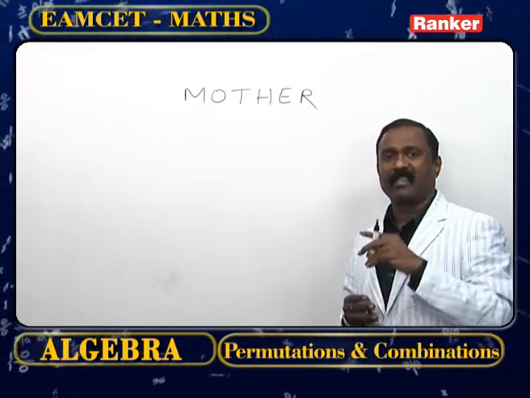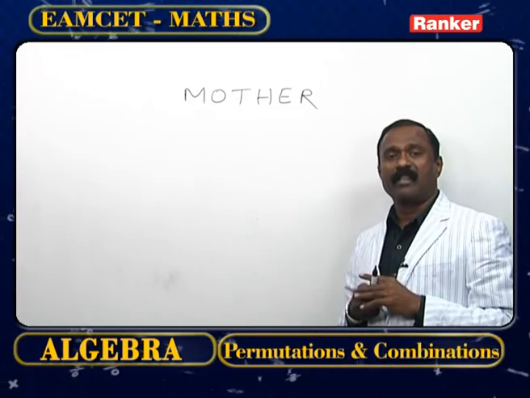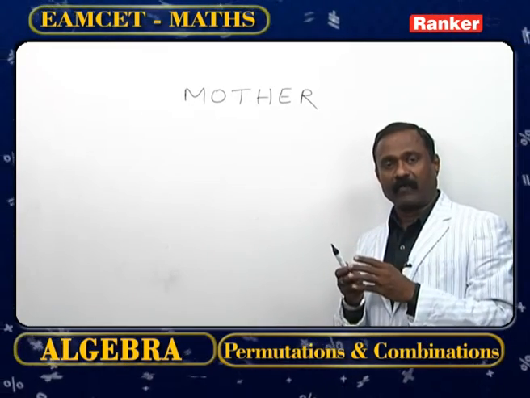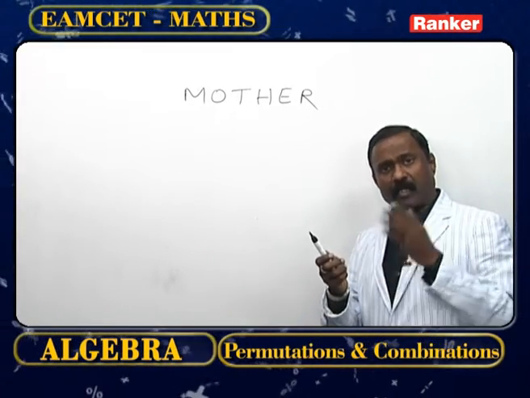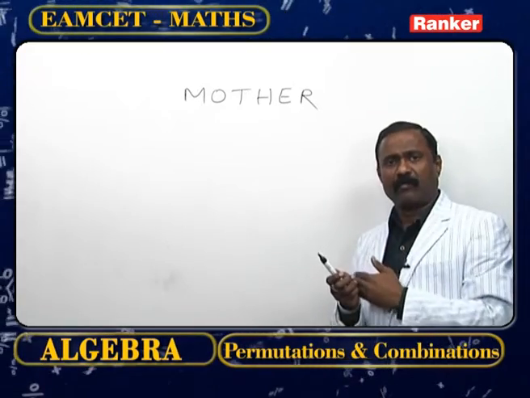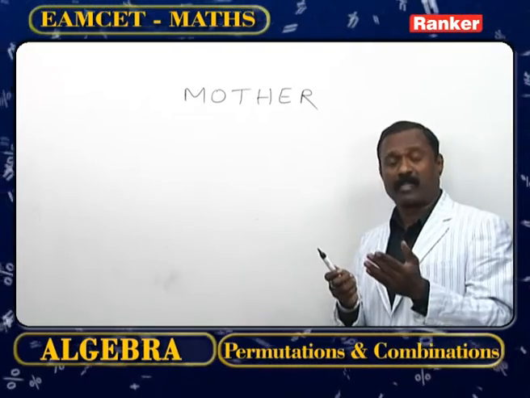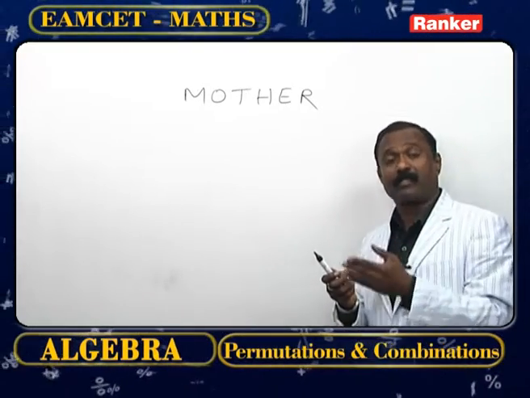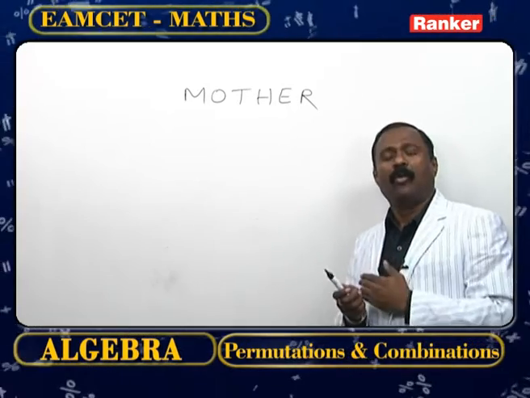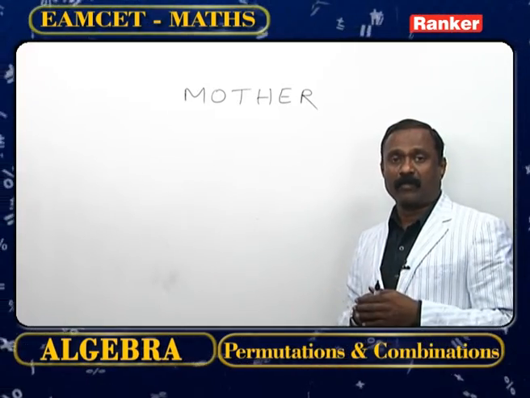English alphabets are 26, and all of those are arranged in the form of a dictionary. If you refer to the dictionary, the first alphabet goes from A to Z, the second alphabet also from A to Z, the third also from A to Z. Like that, all the words are arranged in the form of a dictionary.